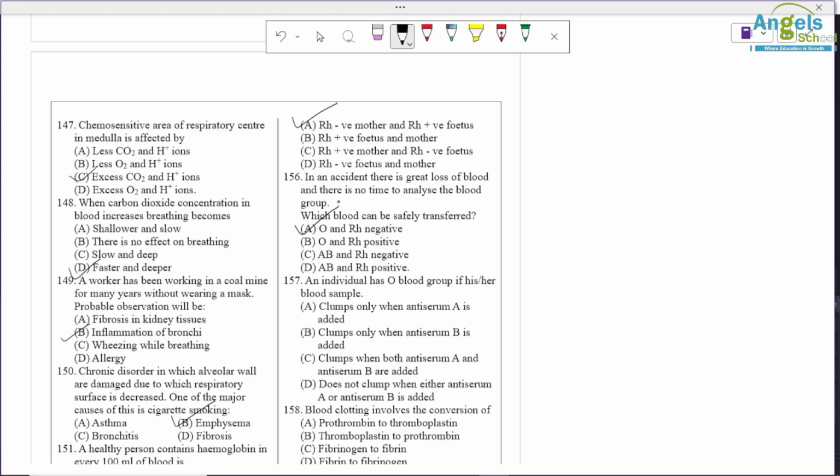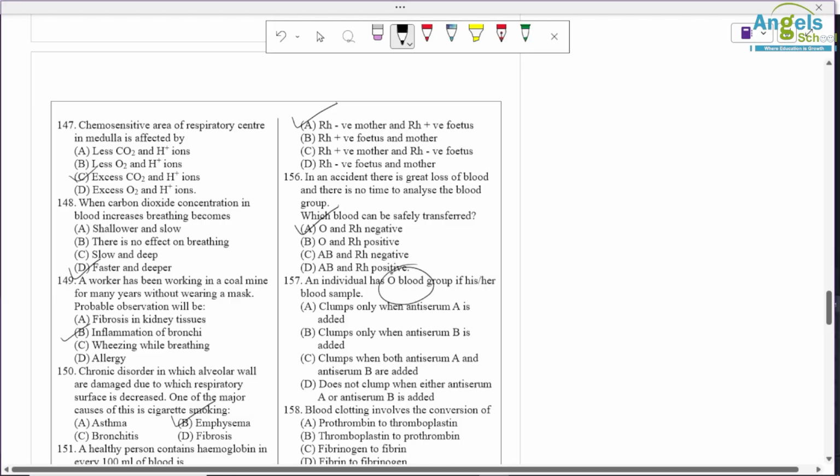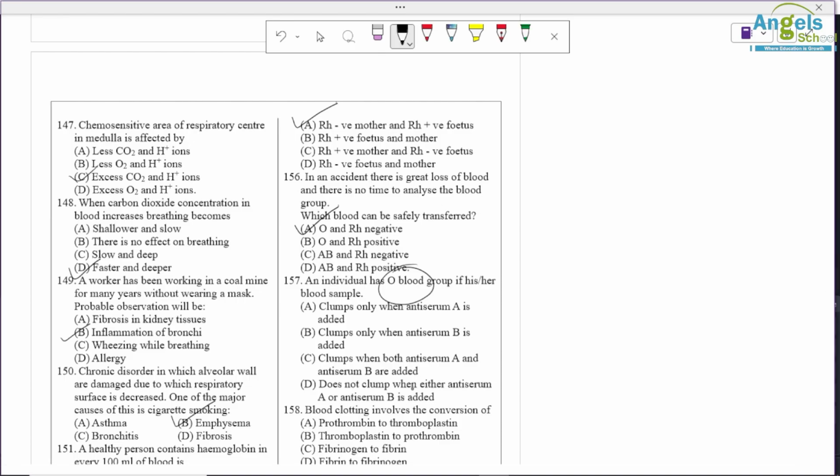transfer this blood safely. An individual has O blood group if his or her blood sample clumps only when antiserum A is added, or B is added, or A or B is added. But if blood group is O, then there is no antigen, so it does not clump when either antiserum A or antiserum B is added.